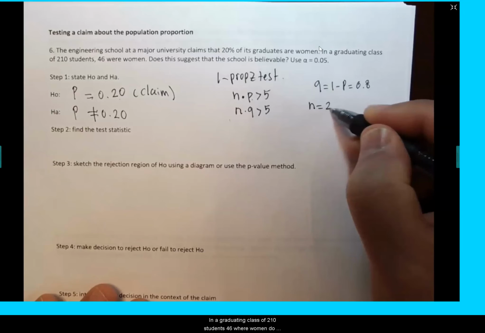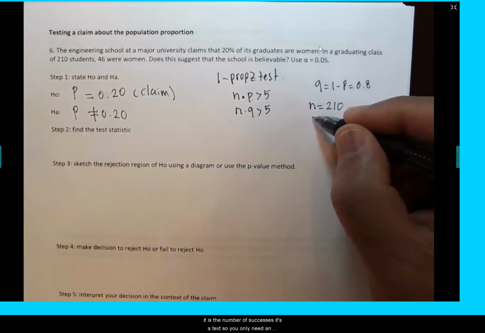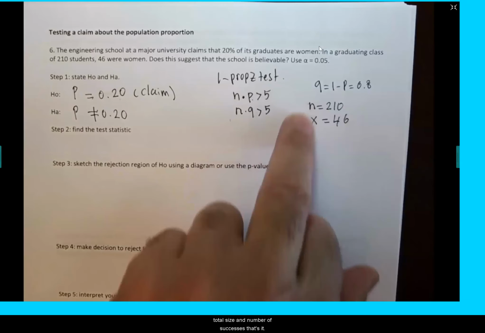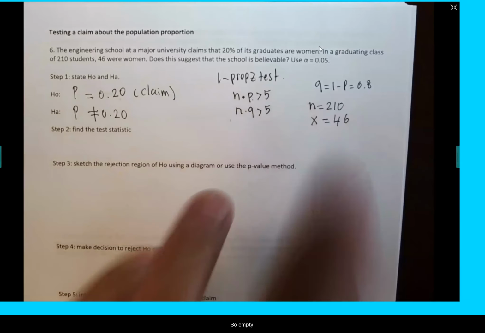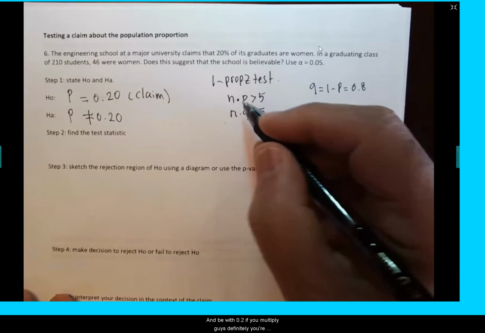In a graduating class of 210 students, 46 were women. Do you guys remember what the 46 is? The number of successes. It's x. So you only need n and x to run this test. That's it. No mean, no standard deviation, no nothing. It's total size and number of successes. So np: n is 210 and p was 0.2.